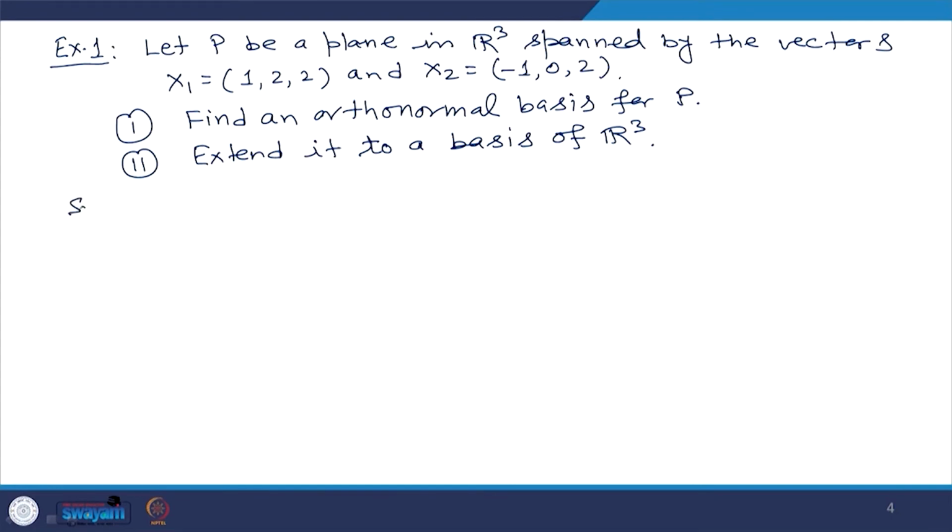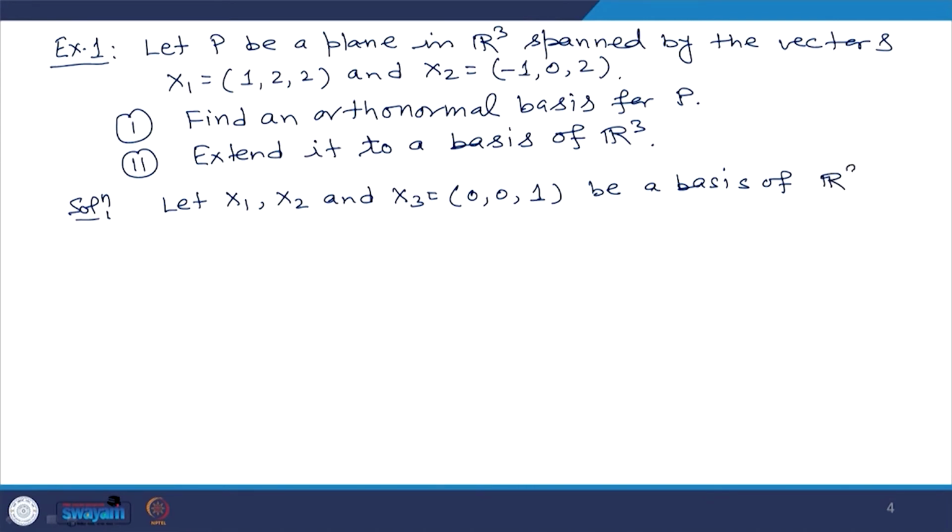So, let us solve it. Let x1, x2 and x3, which is linearly independent of x1 and x2. So, I am taking 0 0 1 to extend the basis x1 and x2 of P to a basis of R3.